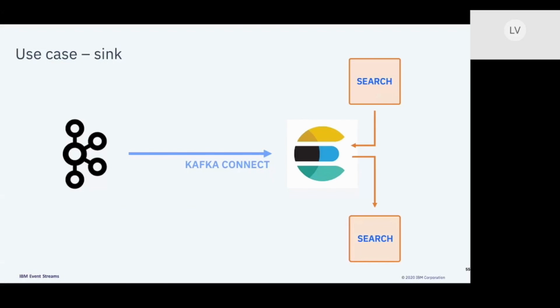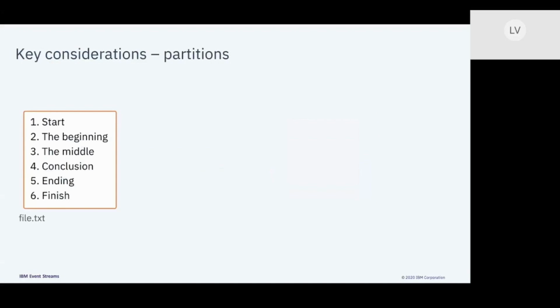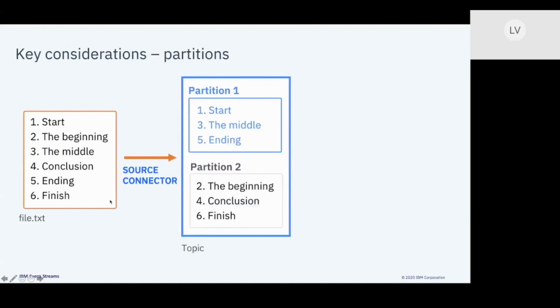One thing I want to highlight when we talk about partitions and management of partitions: if you have this kind of information in a text file, any line will be sent as a record, as a message, or as an event. Like this, if you leverage a source connector, by the way, you can have this split into two different partitions.